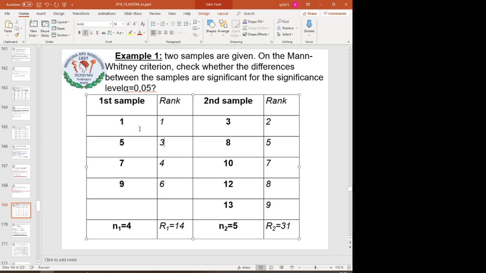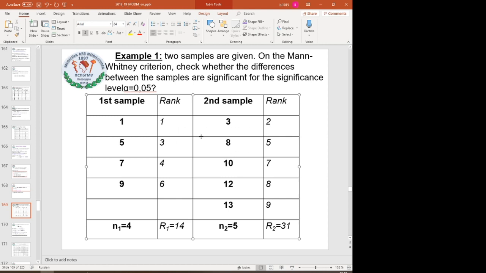So let's give ranks. The first rank to the smallest number, 1, the second rank to the next number. I remind you we mix all values, so we give ranks for both samples at the same time.